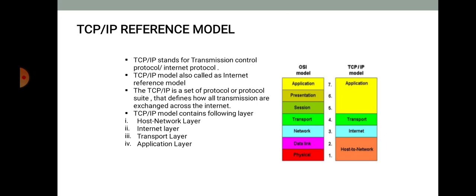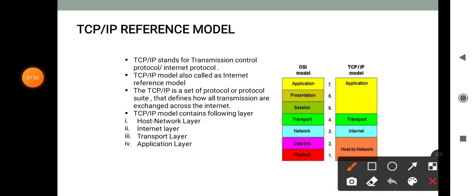First is the host to network layer, second is the internet layer, third is the transport layer, and fourth is the application layer. See this figure, these are the layers of the TCP/IP model: host to network, then internet, then transport, and fourth is the application layer.